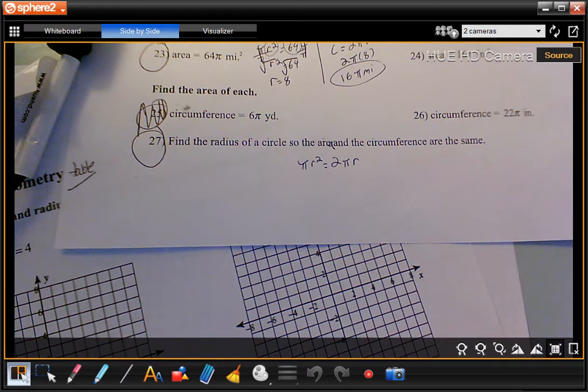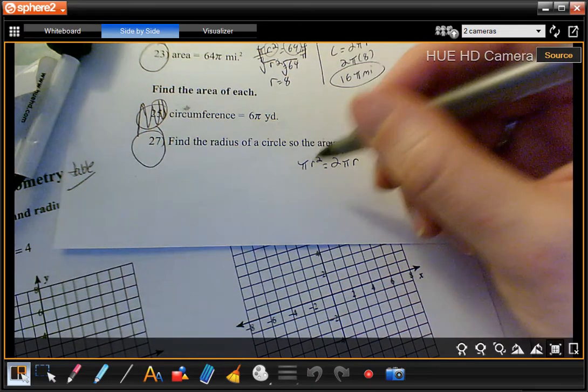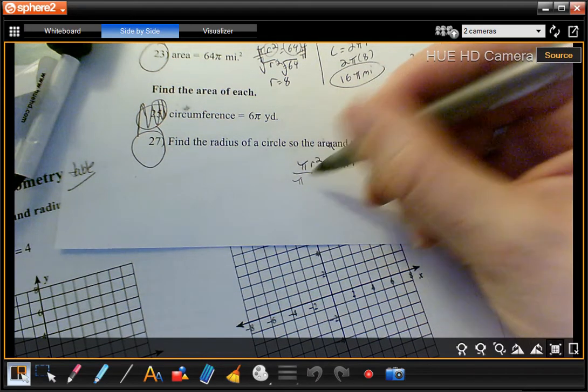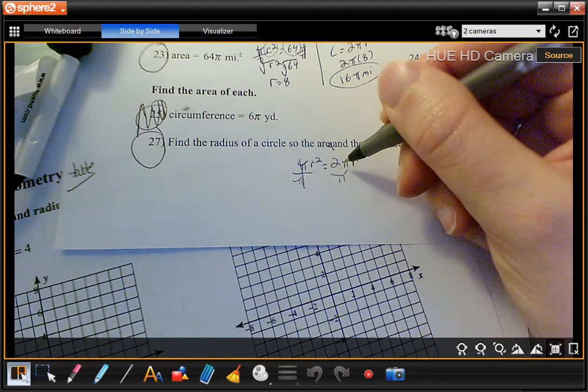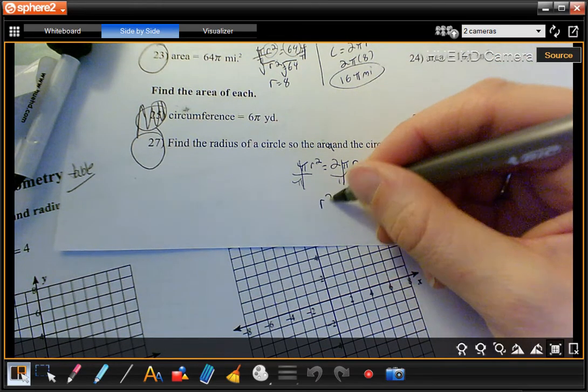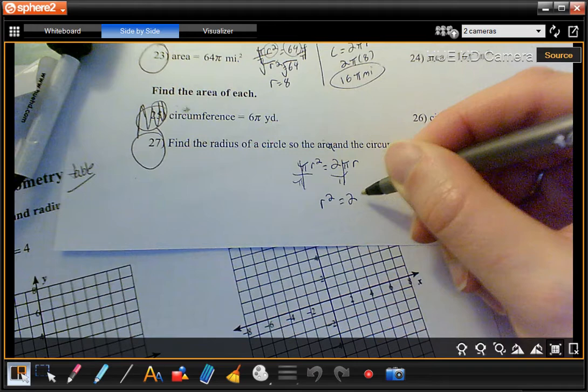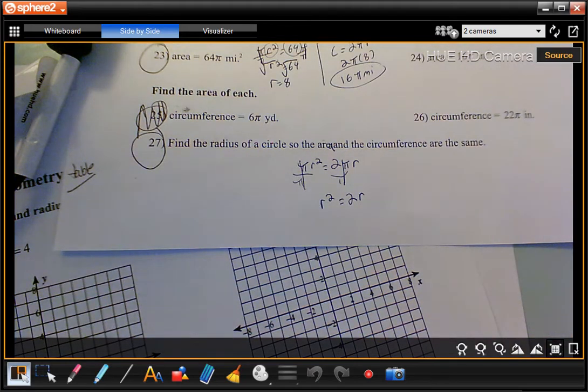We want them to be equal to each other. I have done this a couple of ways, so I'm going to show you both. If you divide both sides by pi, they cancel, and you get r squared equals 2 times r. So then I think to myself, what number do I get when I square it? I get 2 times that number.